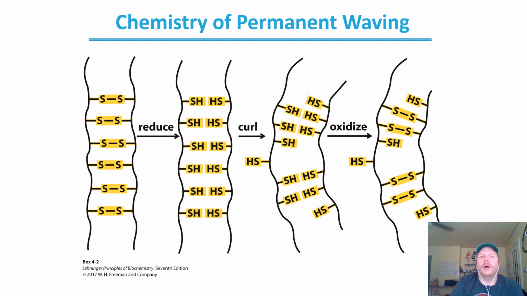So the presence of cysteine residues and the formation of disulfide bonds between cysteine residues on adjacent alpha-keratin protein strands is actually what causes permanent waving of hair. And so curly hair is the result of a higher presence of cysteine residues.